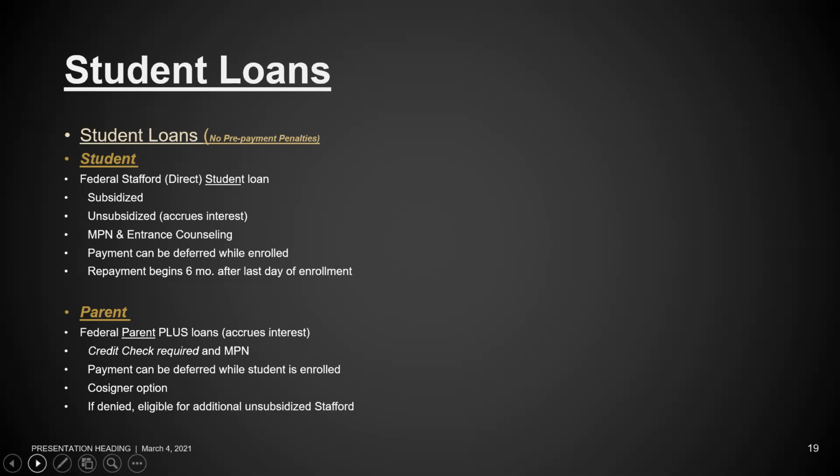If they stop making the payments before that information is updated with their lender, they will go into default on that student loan. Going into default heavily damages your credit. So if there's any circumstances, reach out to the servicer, reach out to the financial aid office at the college, and they can assist you with that.